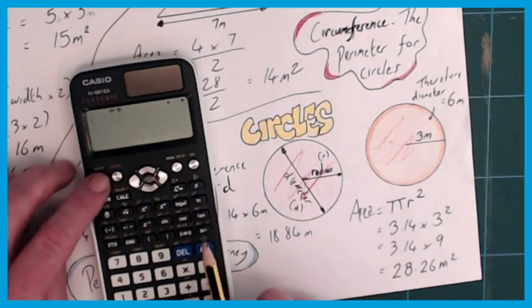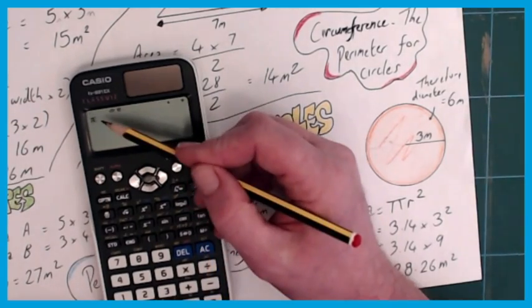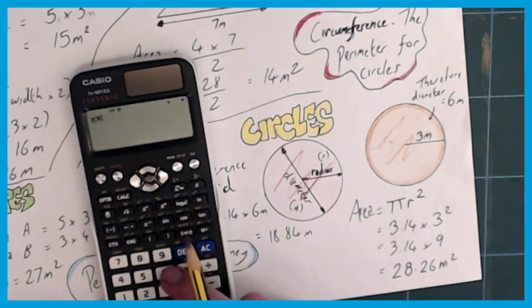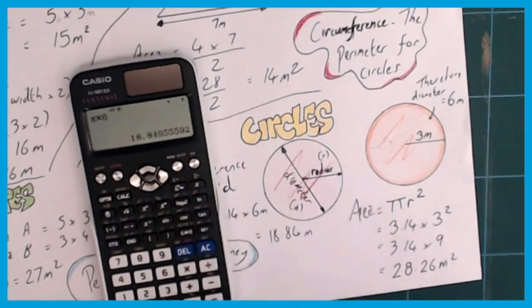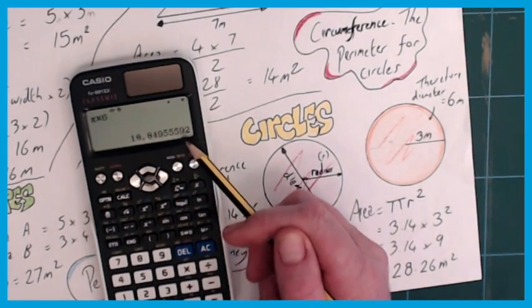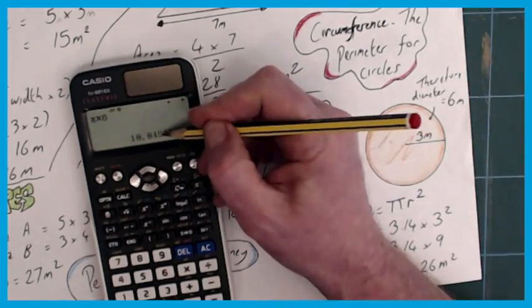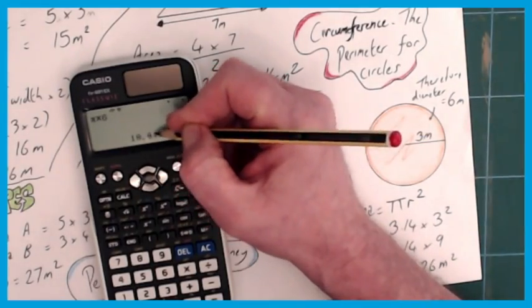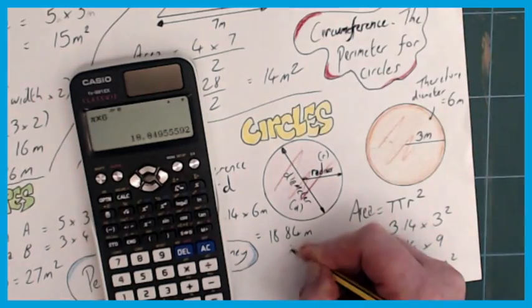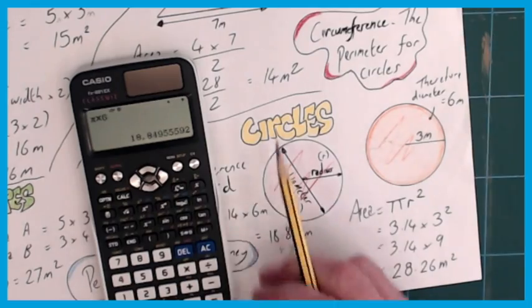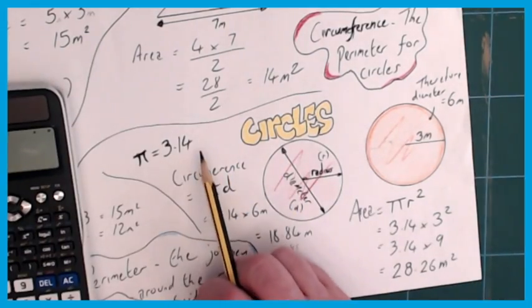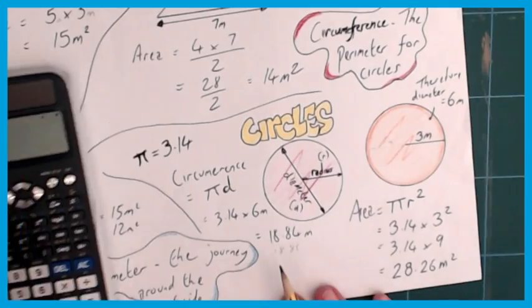If we do shift pi, the pi symbol, times 6, that will give you 6 pi, and you end up with 18.8495555292. You can end up rounding these up. You can see this was 18.84. If we rounded that up, it would be 18.85. So you get 2 different answers. I prefer to use 3.14 because it keeps the numbers simpler.